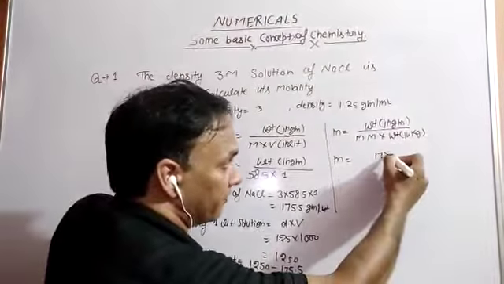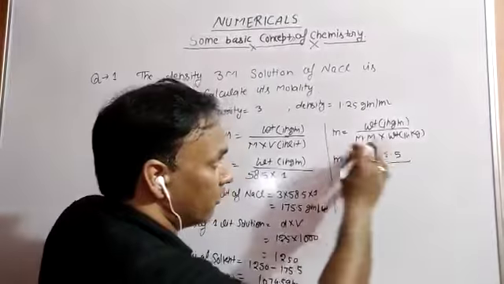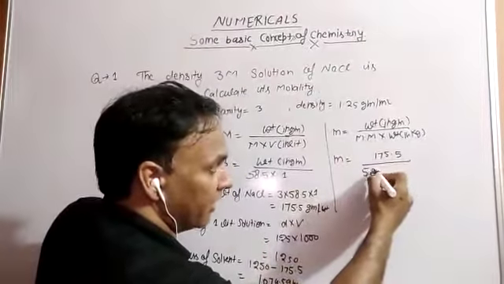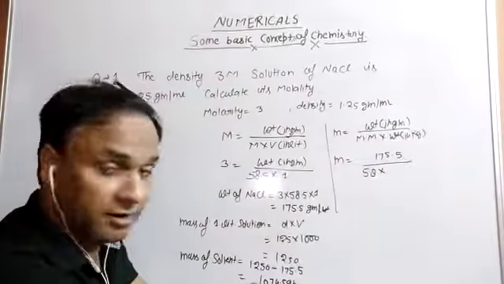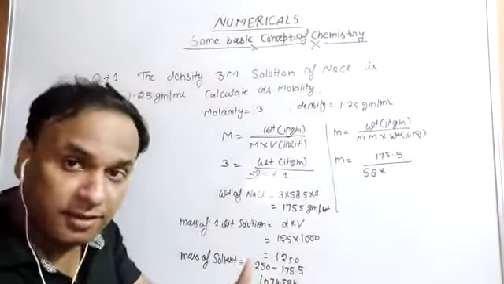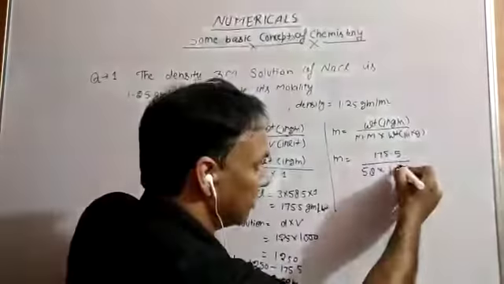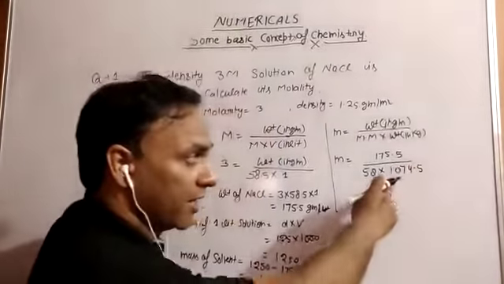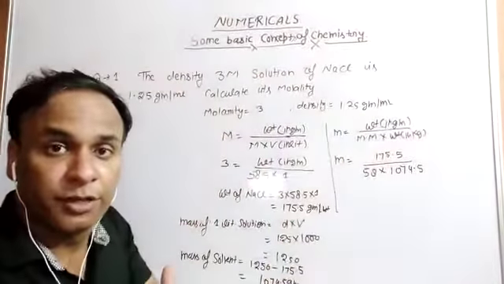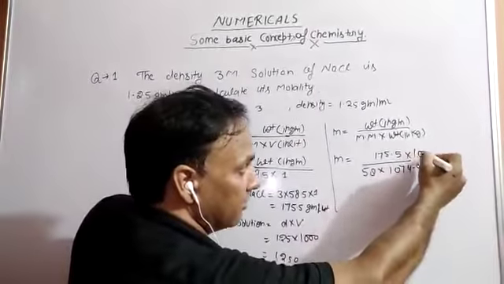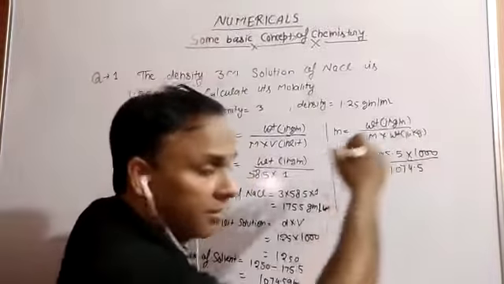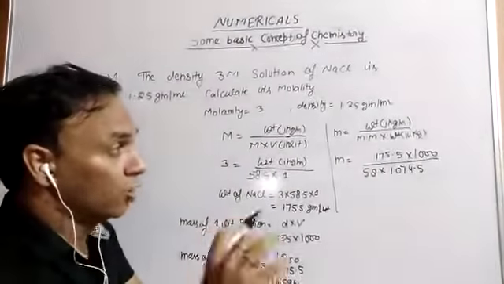Clear? Now the molality is: weight of solute is 175.5 gram, molar mass of sodium chloride 58.5, and the mass of solvent in kg. Here the mass of solvent is in gram, 1074.5, but this mass we have to turn into kilogram, which is dividing by 1000, that means multiplying by 1000 in the upper side, in the numerator.